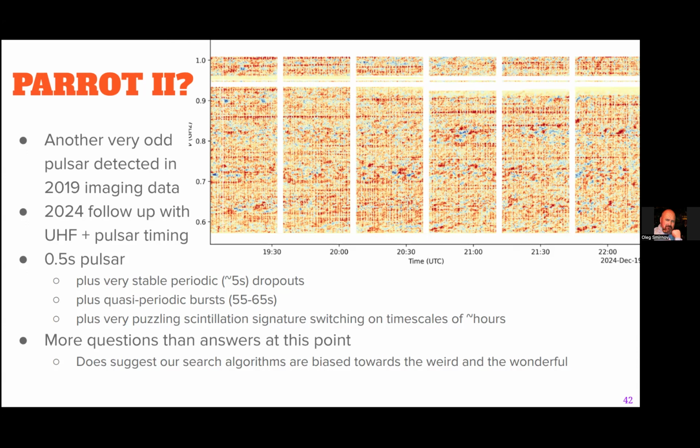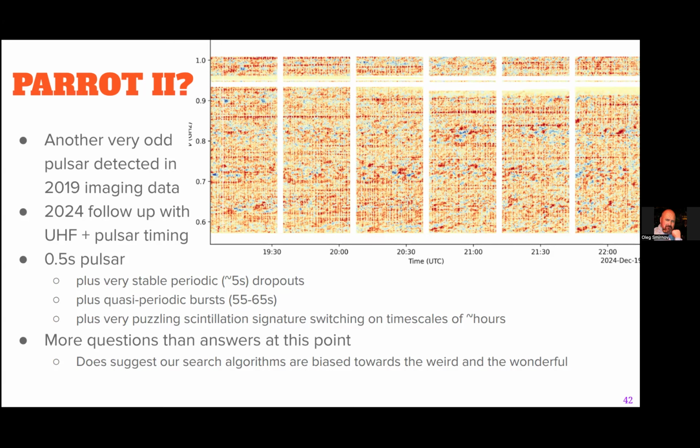And on top of that, it has quasi-periodic, like roughly a minute time scale, plus or minus, burst events where it pops up. And these burst events, these are the vertical bands in this dynamic spectrum that you see. That was the observational signature that we picked up with the transient event.